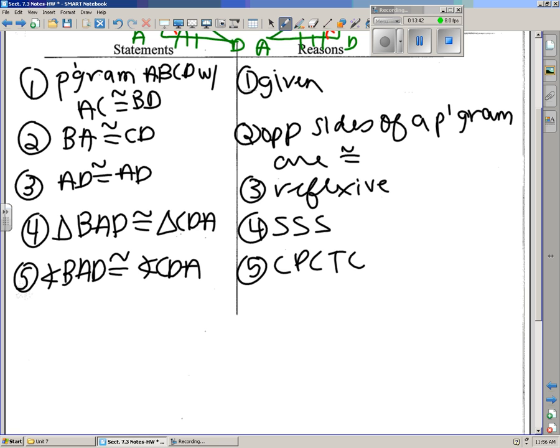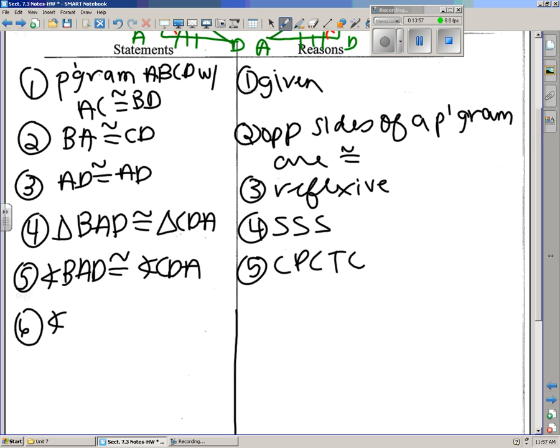And now you got to think again, this is where we went before. Well, we've got a parallelogram, we know that already. We've got these angles that are consecutive angles congruent in a parallelogram. And we know that if they're consecutive angles, they're supplementary.